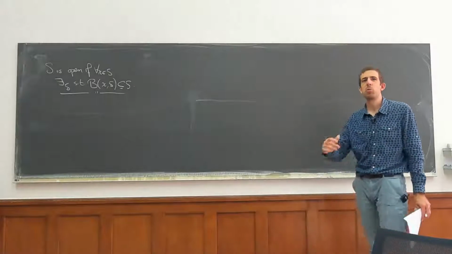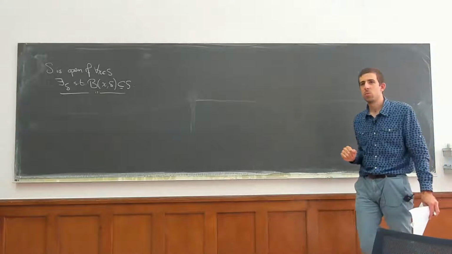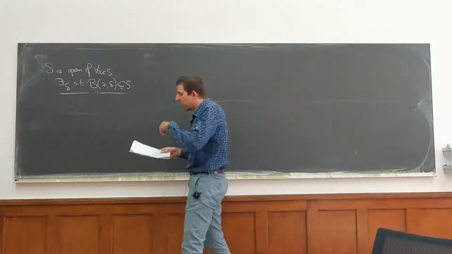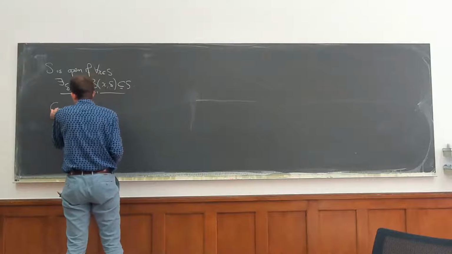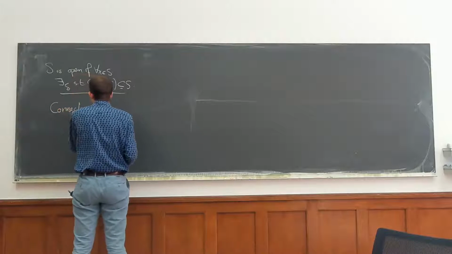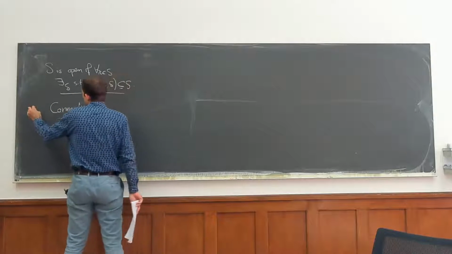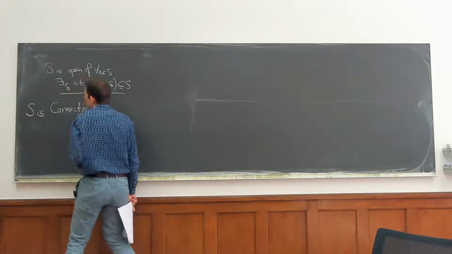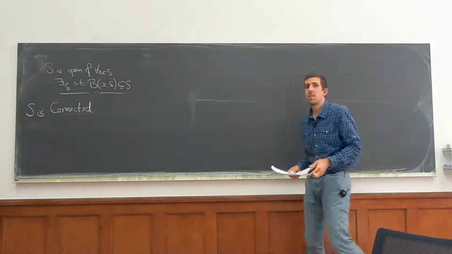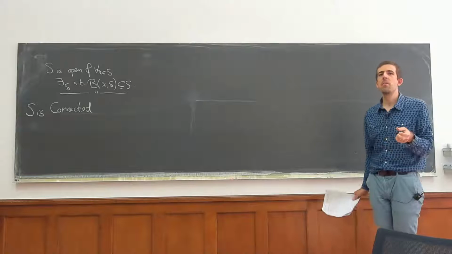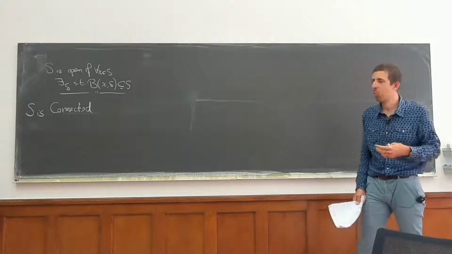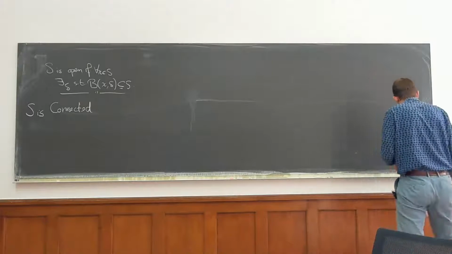For now, there's two properties that's much easier to understand why they're important, and one is connectedness, right? So connected. Right, so we want to understand when is it that a set S is connected, right? So we have an intuitive reasoning of what it means for a set to be connected, right?